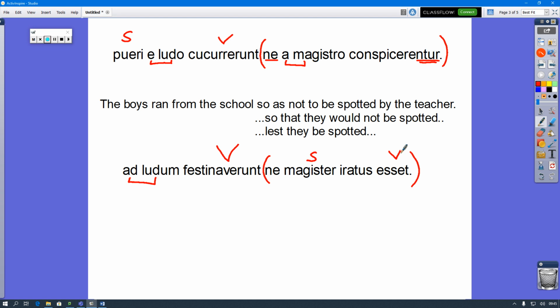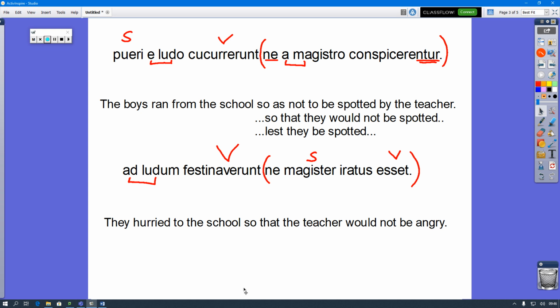So here I need to make sure that when I translate my sentence, I have my subject doing what it should be doing. So they hurried to the school so that the teacher would not be angry. And you can see how ne in this sentence is going to be so that, not. I could also say lest the teacher be angry, with that old-fashioned way of saying it.